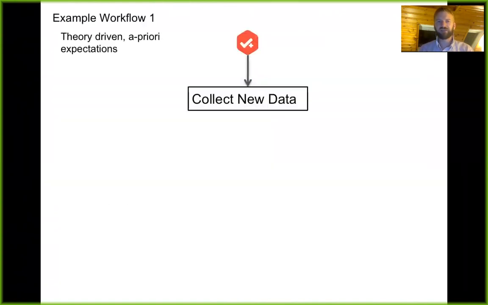There are a couple of different ways to go about creating a preregistration. One is you've got a very strong theory-driven a priori expectation going into your study. You've got a very specific research question that you want answered.